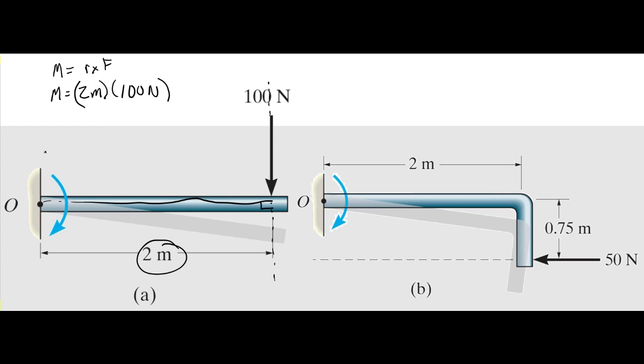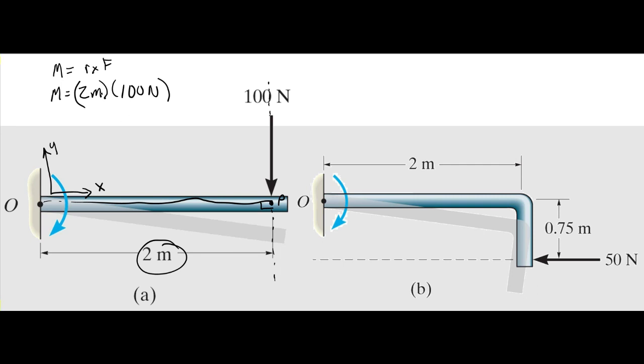Now, it's helpful to know what directions these things are in, so that we know what we're talking about. So we usually would start with a coordinate system, and that's helpful for anybody who's looking at our work. So this is X and this is Y. You have the 2 meters here, and that's the distance from point O to, let's call this point P. We would have found that distance vector would be pointing in the i direction.